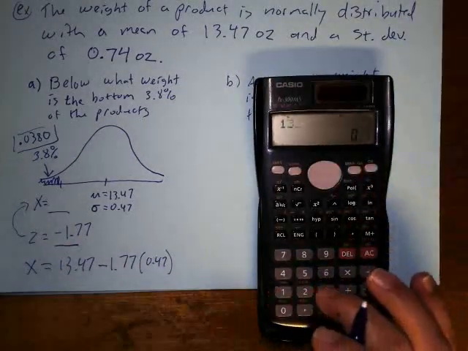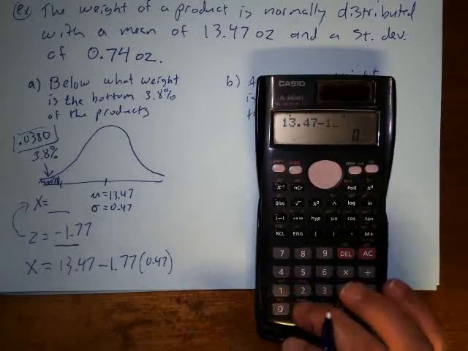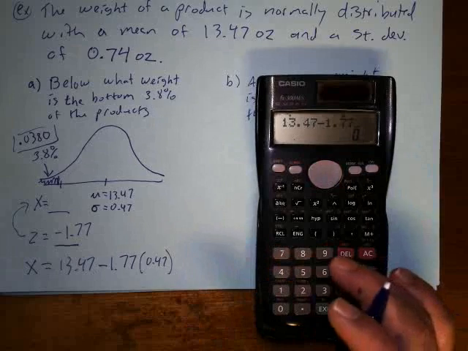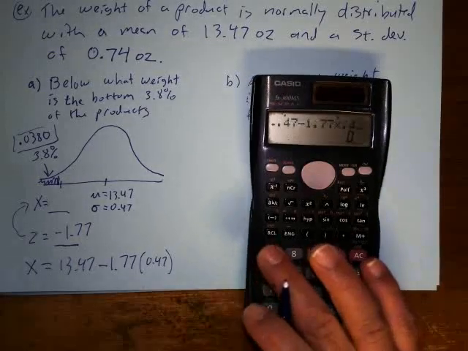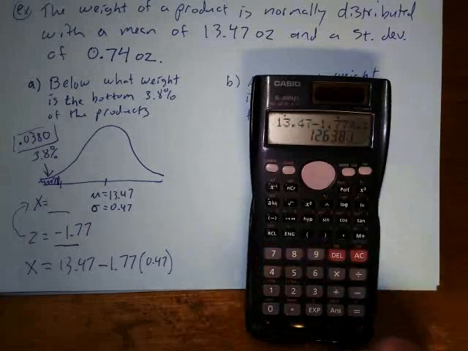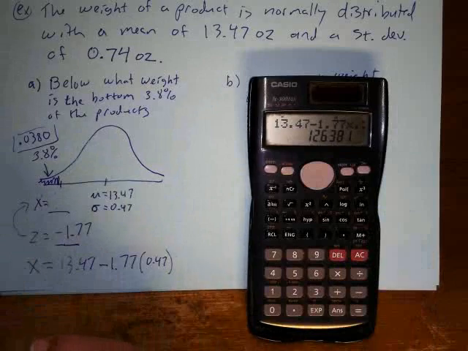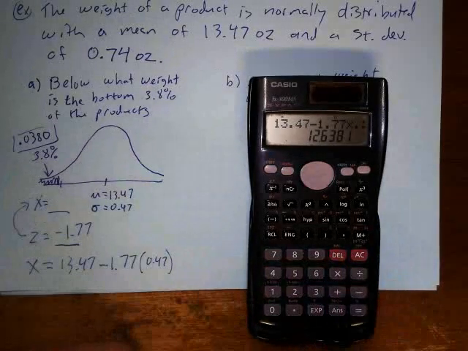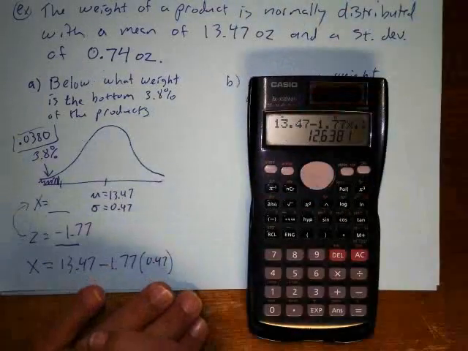So 13.47 minus 1.77 times 0.47. And so we get this weight here, and what I would do is round these to the same number of decimal places as the mean and standard deviation that you're using.